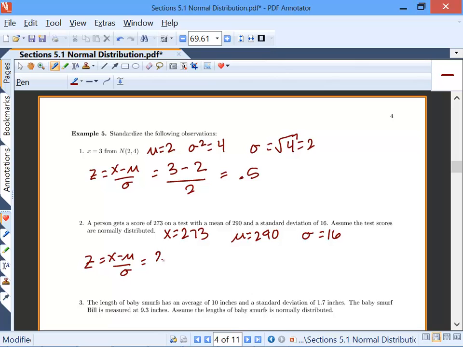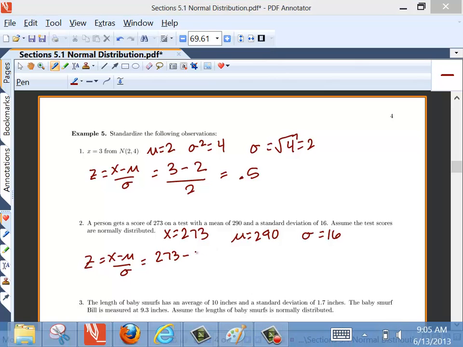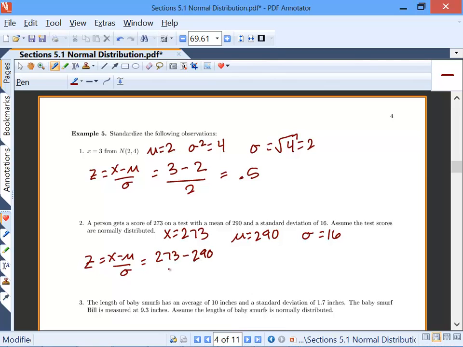So x is 273 minus my mean of 290 divided by my standard deviation of 16. Negative 1.0625. Okay. Notice that it's negative. We know that this person is about 1 standard deviation below the mean, so they did score below the mean.